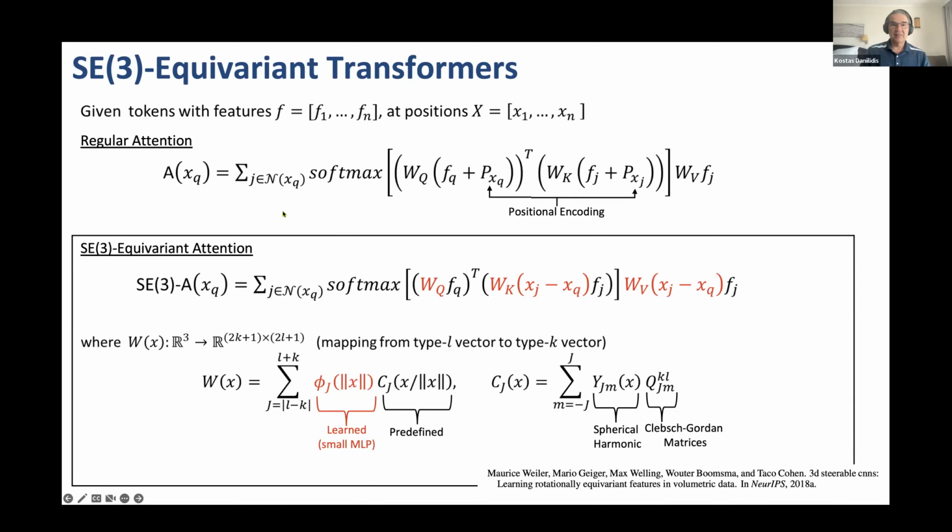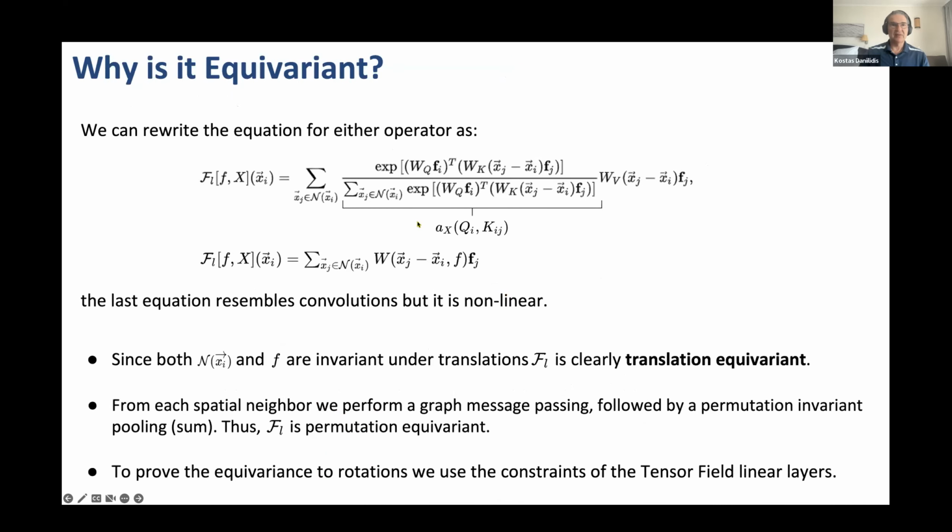So this matrix C is a weighted combination of spherical harmonics and the Clebsch-Gordan matrices, and these W matrices satisfy the equivariance constraints for a linear layer as we encounter it here in the computation of the attention matrix.